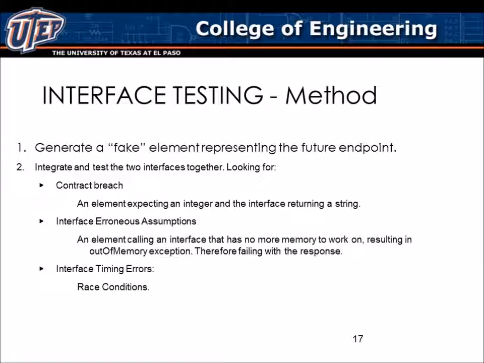Interface and erroneous assumptions. For example, an element calling an interface that has no memory to work on, resulting in an exception, therefore failing with the response. Interface timing errors. For example, race conditions.